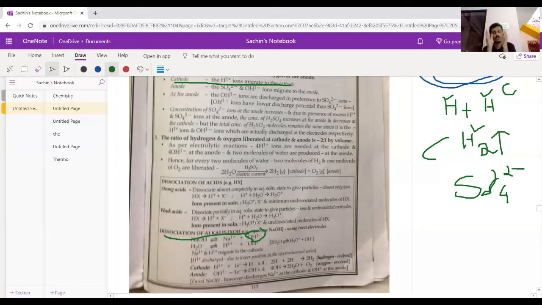But as such, pure water is non-conductive. It doesn't undergo electrolysis. So in this video, we have discussed examples of electrolysis, both in the molten state as well as in the solution state. You have to remember 3 steps.